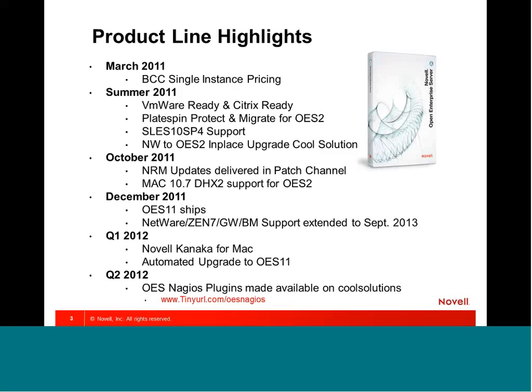Go to the Novell Customer Center, and if you're on maintenance, you'll be able to download that for free as part of your maintenance value. We also shipped an automated upgrade solution to OES 11, and we'll talk a little bit more about that. And then just recently, we made some Nagios monitoring plugins available, and you can see the URL there. You can download those and try them out on your OES systems.